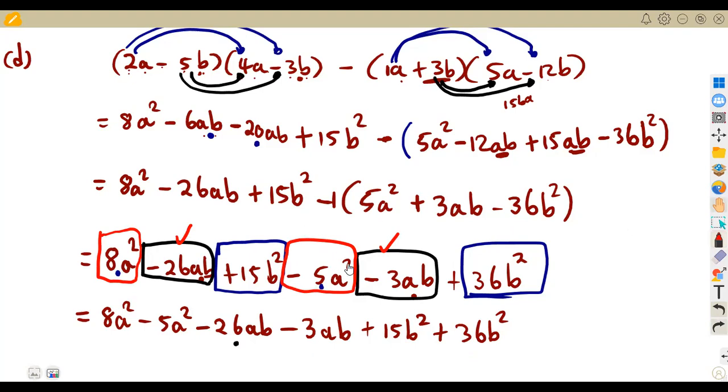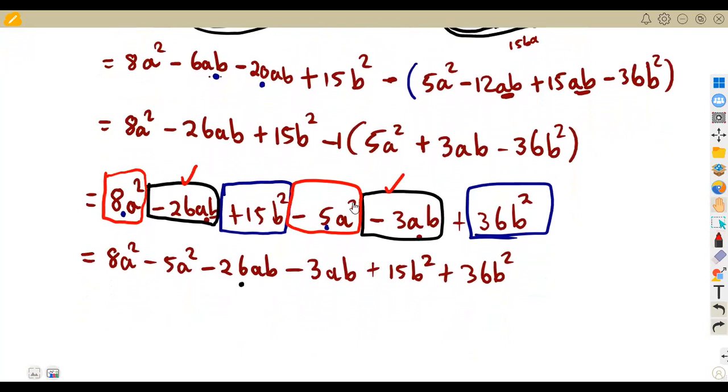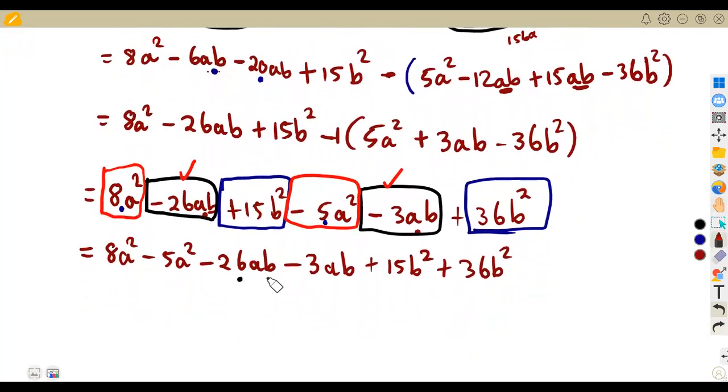And we can now combine these terms together by simplifying 8 minus 5, which is going to give us 3. So that is going to be 3a squared. Then minus 26 minus 3, which is minus 29. Or you can just use your calculator, like I said.